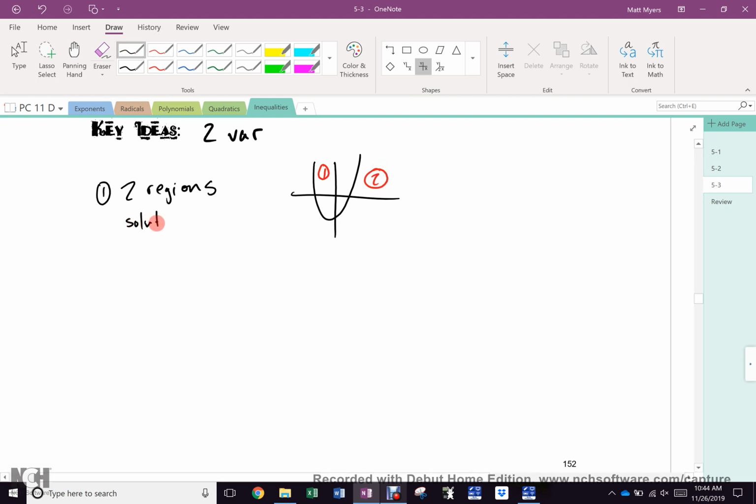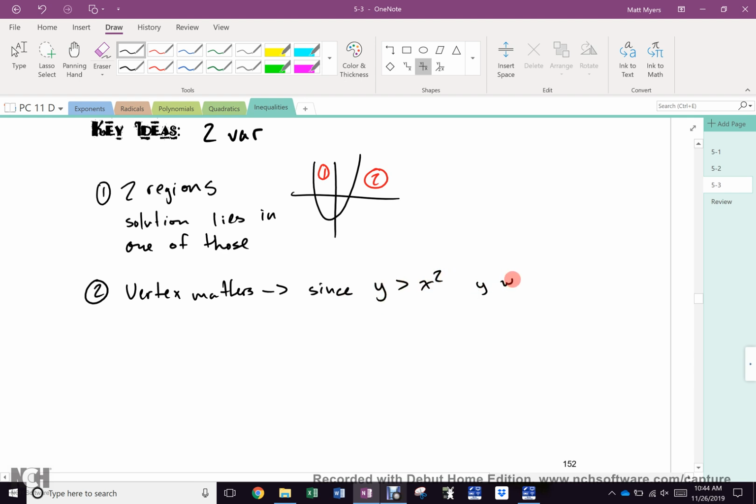Solution lies in one of those. Point 2. Vertex matters now. Since its y is greater than x squared, y values matter. 3. Y is greater than x squared, has dotted. Y is greater than or equal to x squared, has solid.